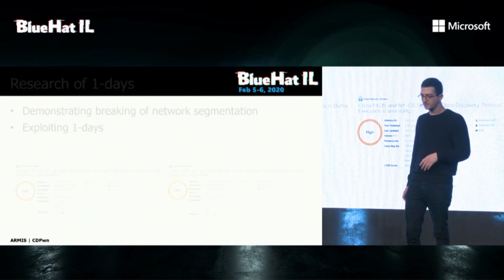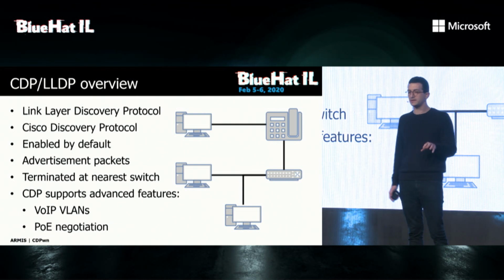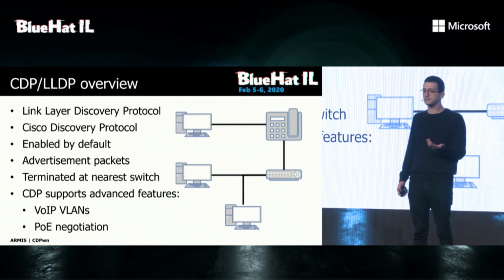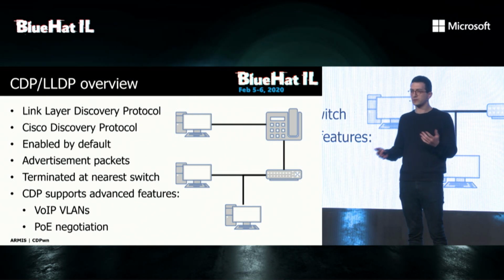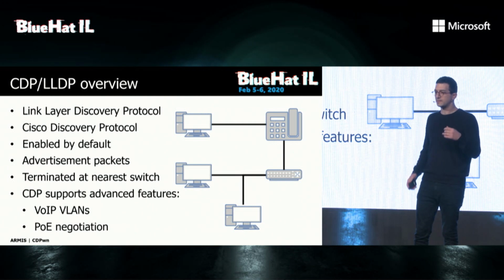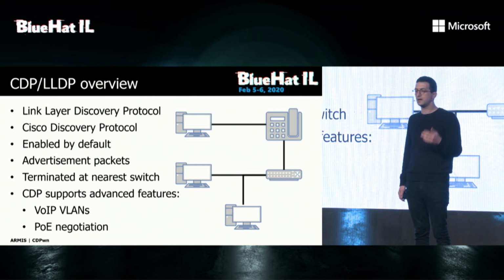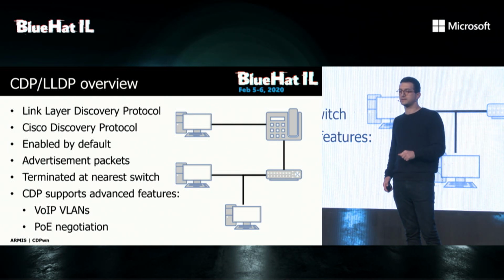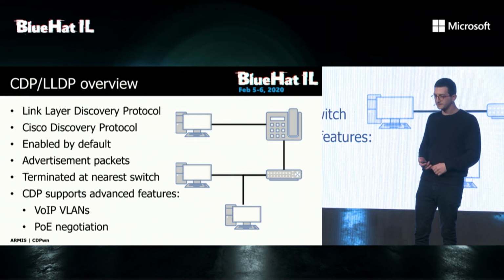So a bit of an overview about these 2 protocols, CDP and LLDP. They are simple protocols. They are discovery protocols, their main functionality is for devices to discover one another in a network. And they're almost similar in functionality, only LLDP is the standard protocol, and CDP is Cisco's version of LLDP.